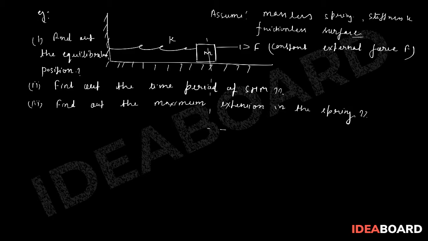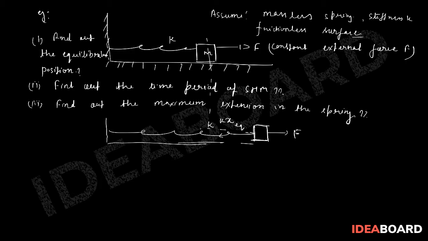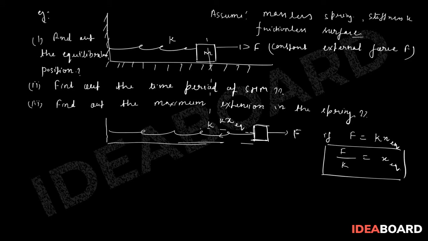So now when I am talking about equilibrium position, we need to see, suppose that if we are applying this force, let's say at this position the spring is elongated by x equilibrium, then there will be kx equilibrium force on the block and obviously force F. If F is equal to kx equilibrium at this moment, then x equilibrium, the extension at equilibrium, will be F by K. So this will be the point of equilibrium.